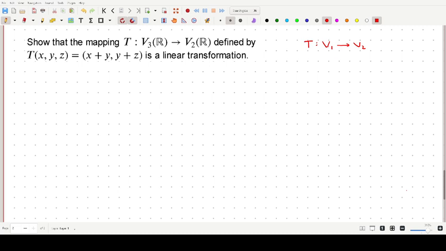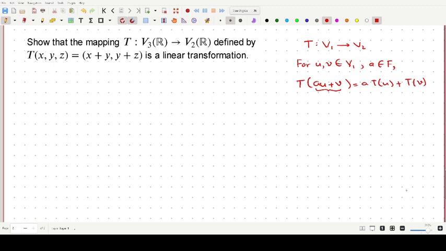Here, we shall assume that U and V are vectors in the vector space V1 and A is a constant or a scalar from the scalar field F. Then T of AU plus V, where AU plus V is a linear combination, would result in A times T of U plus T of V, right?